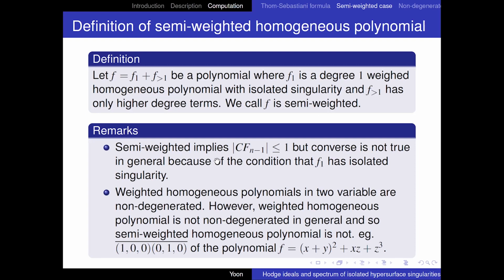Semi-weighted implies that the n-1 dimensional compact face is 1 or none. But the converse is not true in general because we need one more condition: f1 has an isolated singularity.